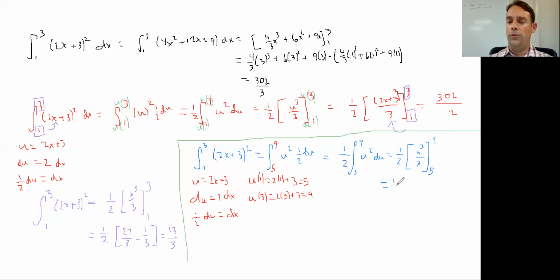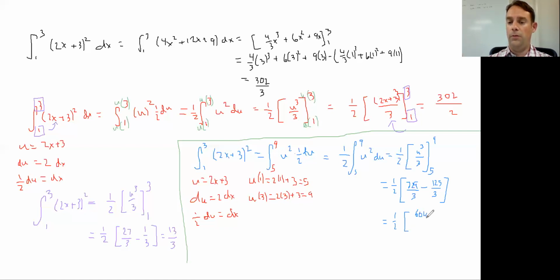And if we do it this way, friends, notice what happens here. 9 cubed, that's 729. 9 squared is 81 times another 9 is 729. 5 cubed is 125. So 729 minus 125, well, that would be 604.